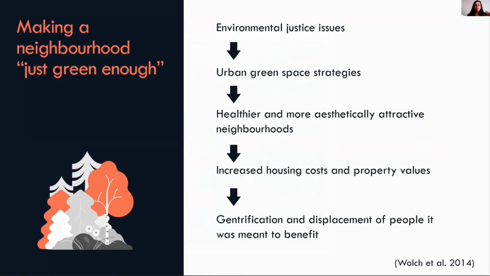When we're trying to tackle environmental justice issues through the creation of new urban green space strategies, this can make neighborhoods healthier and more aesthetically attractive, which we want. But it can also increase housing costs and property values and potentially lead to gentrification and a displacement of the people the strategies were designed to benefit. So this highlights that there's a fine balance of making a neighborhood just green enough.